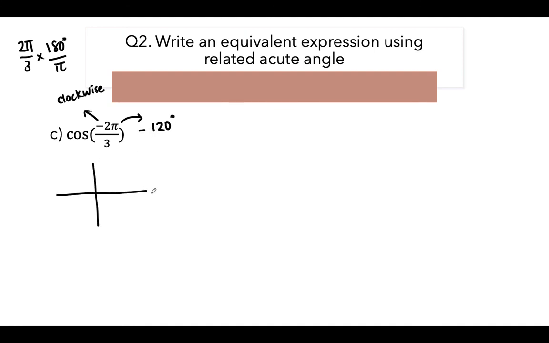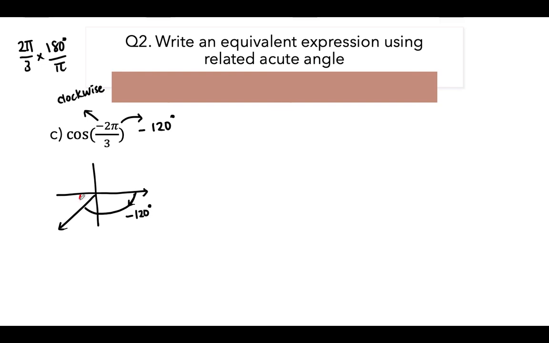So because it's negative, I'm not going counterclockwise from my initial arm, instead I'm going clockwise from the initial arm. So from here, I'm going 120 degrees, which is going to be located here. So from all the way here, this is negative 120 degrees.